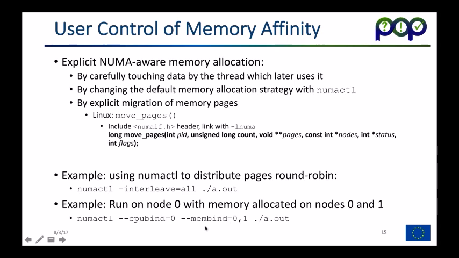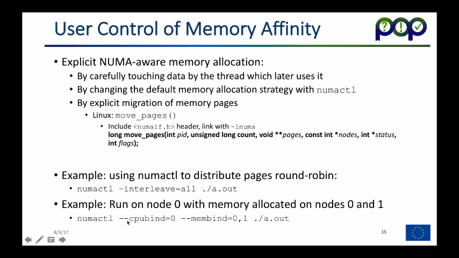What it's doing here is restricting the memory allocation of the program a.out to NUMA nodes 0 and 1. On my example machine there were only 2 NUMA nodes, but on a larger system you could restrict it to a subset of the nodes, or maybe even just one NUMA node.